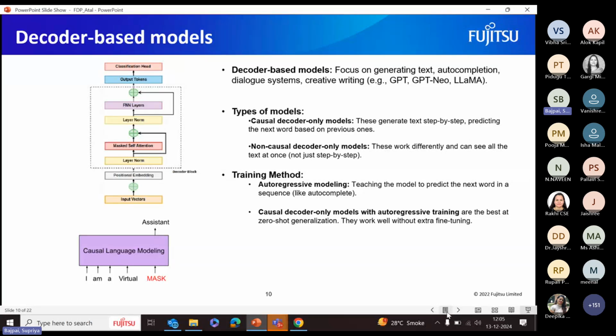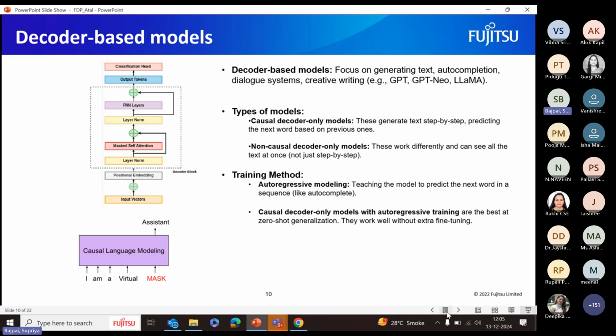So it does not have access to the future words. This is a very important point in decoder based models. Such causal decoder only models can't see the future words. They can only see the previous words.